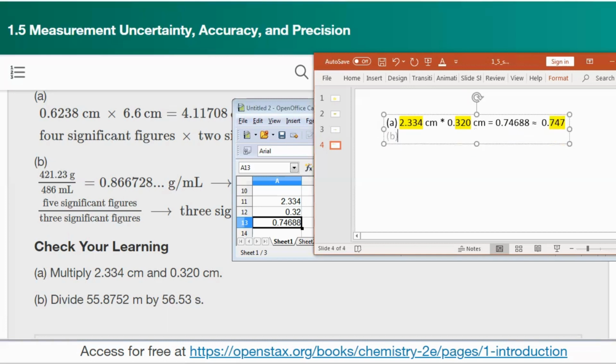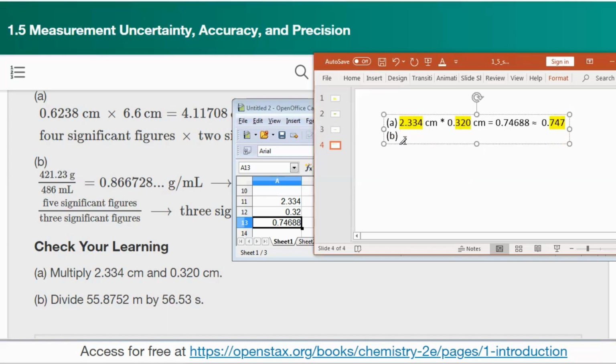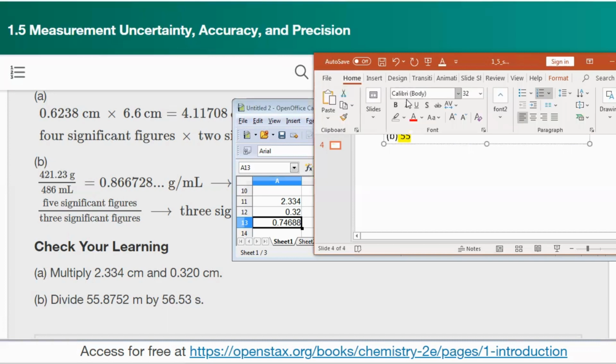Okay, let's do B. Divide 55. Oh, this is obnoxious. I have to turn off the coloring. Divide 5. Oh, I made a mistake here. Centimeters squared. Let me get that right.